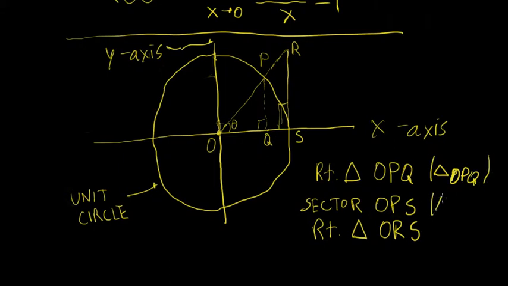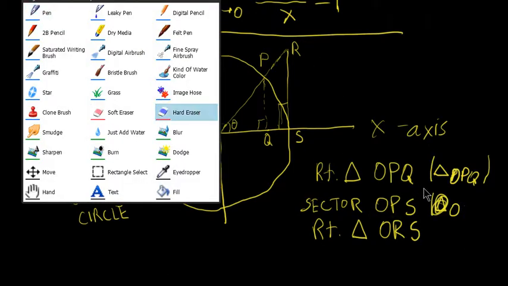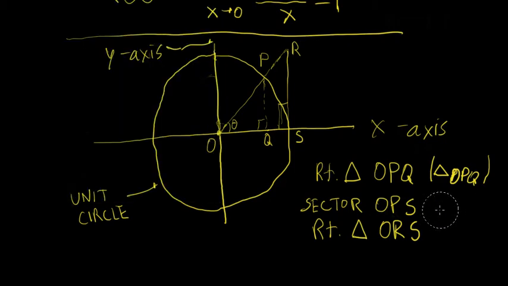Let me erase this. I'll abbreviate the sector as SEC subscript OPS. And I'm going to abbreviate right triangle ORS as the triangle symbol subscript ORS.